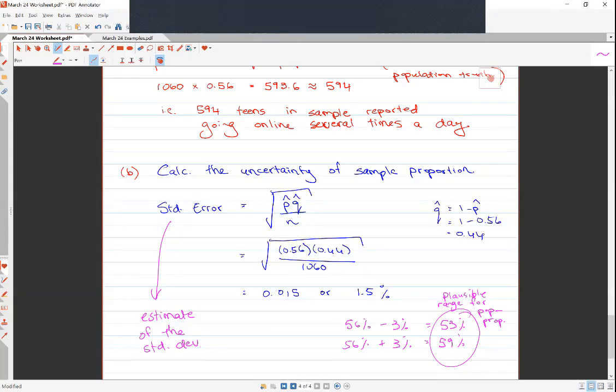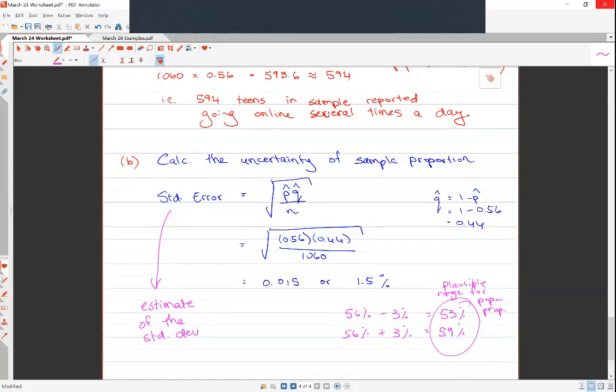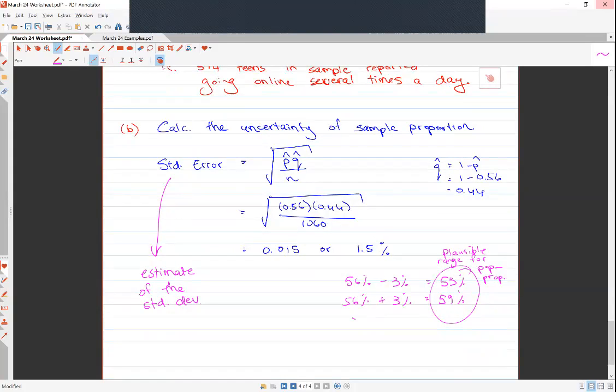And let's see. I'll talk about the quiz again in a moment, but I had a question about why I added and subtracted 2 standard errors. I could have done just 1 standard error, but remember, if I do 2 standard errors, that gives me 95% confidence from that bell curve. If I'd only done 1 standard error, I would have had 68% confidence.